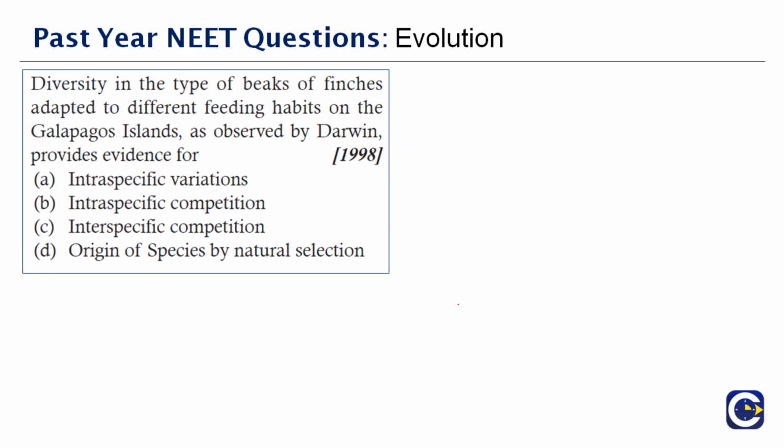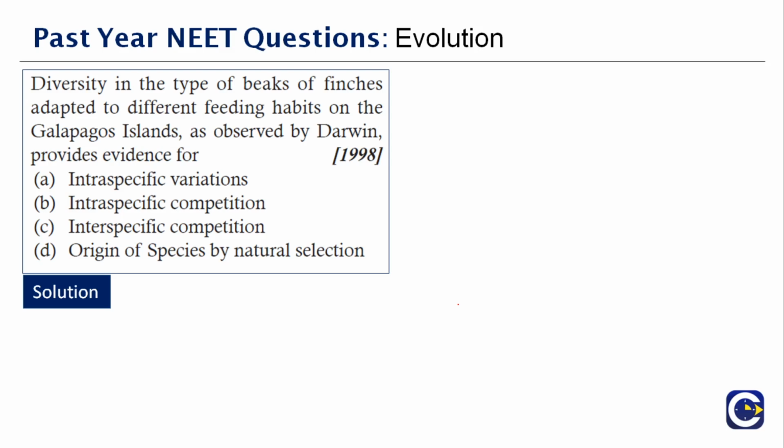Next question. Diversity in the type of beaks of finches adapted to different feeding habits on Galapagos Islands, as observed by Darwin, provides us an evidence for dash. We just now discussed the finches, right? Every bird doesn't have the same beak or the same structure.